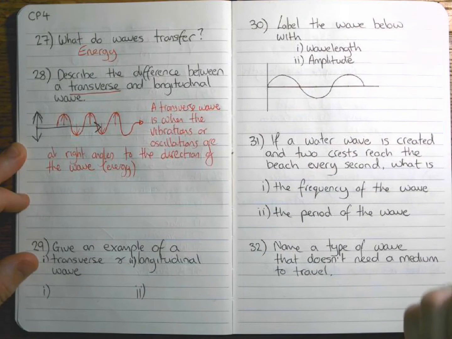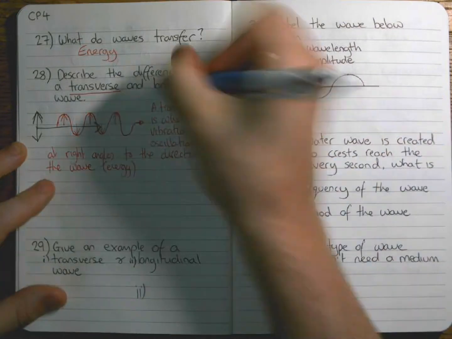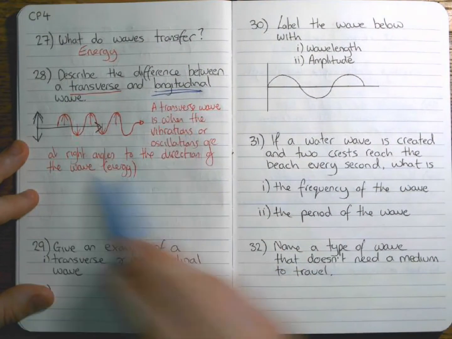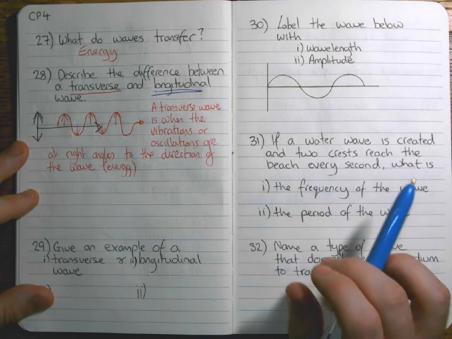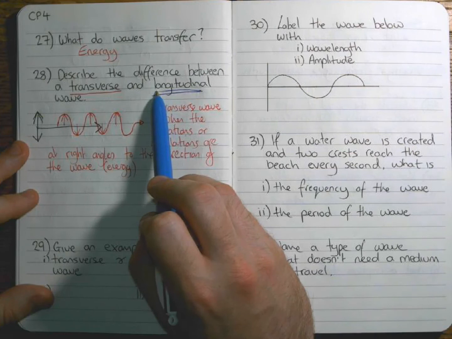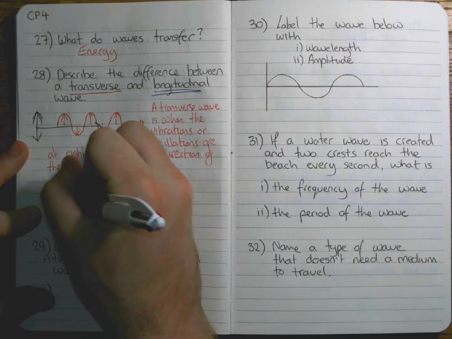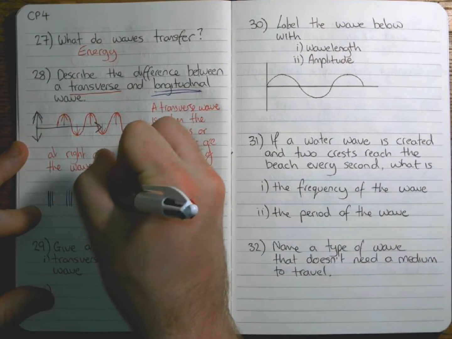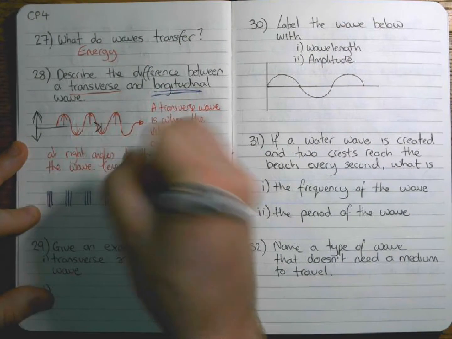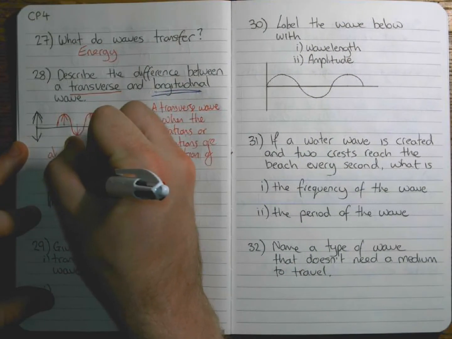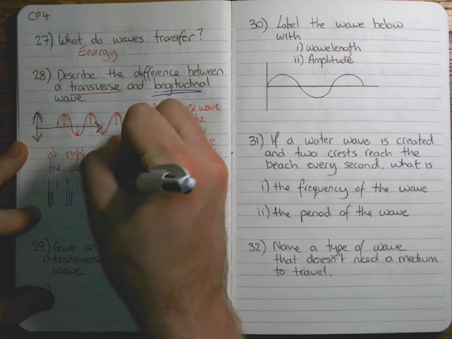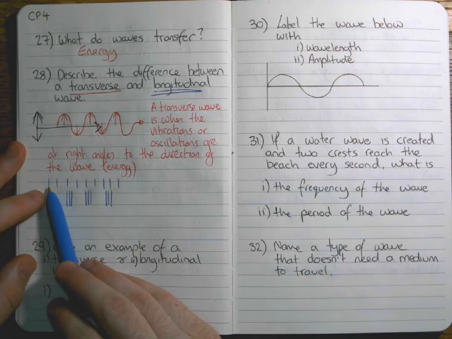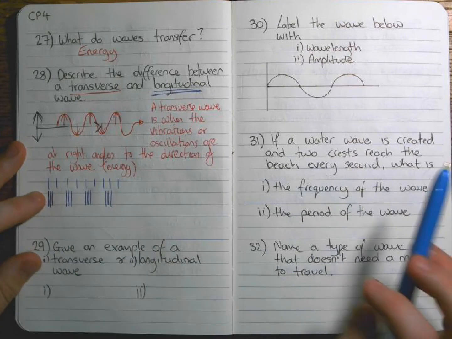A longitudinal wave, however, we can use the same definition, but just tweak it slightly so that it applies to what's known as a longitudinal wave. And I'd like you to imagine that each one of these lines is a particle in the air.